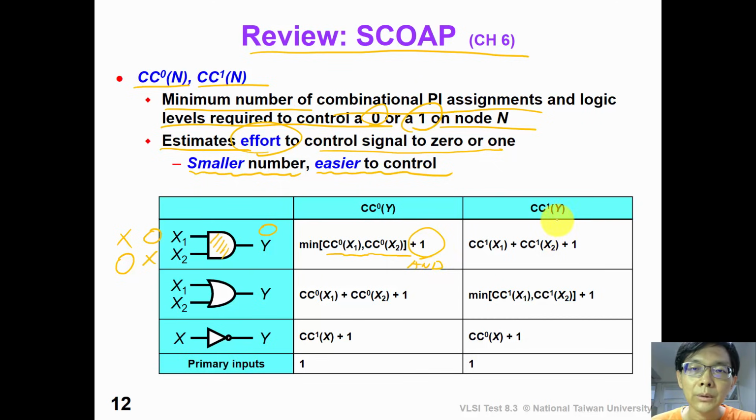On the contrary, if we want to control the AND gate output Y to 1, then we need both 1s on x1 and x2. So we take the summation of these two numbers plus 1, which represents the AND gate itself. We can analyze the scope number for OR gate and inverter in a similar way. And for primary inputs, both CC1 and CC0 are 1.